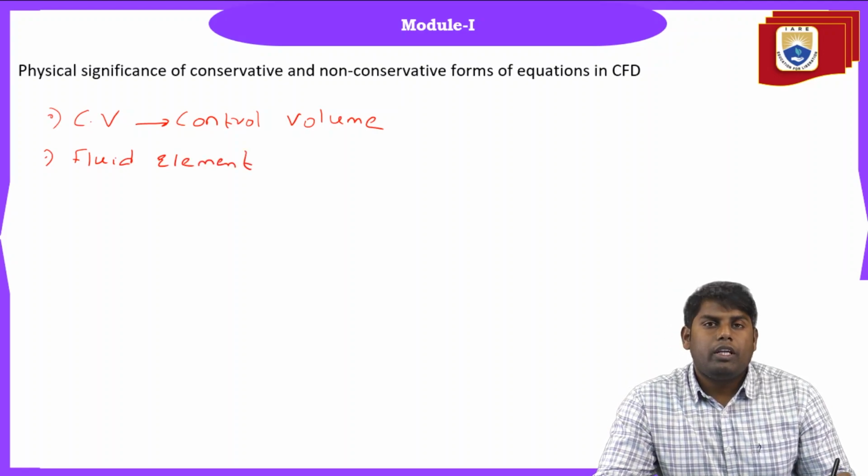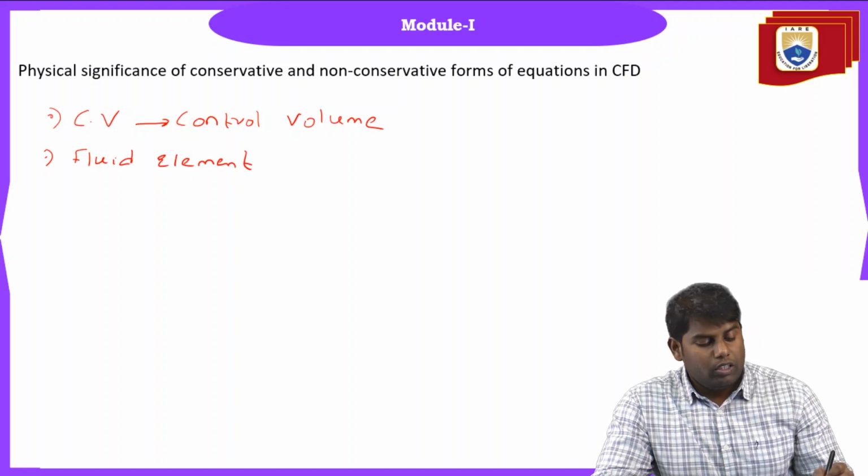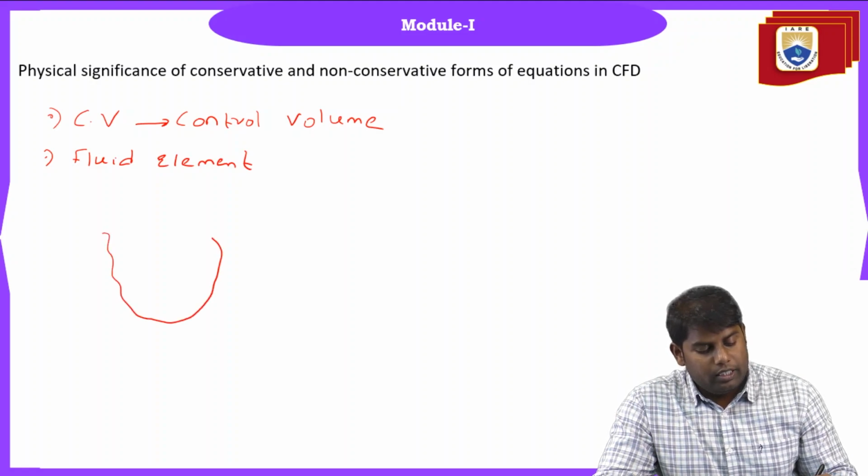Here, basically, control volume can be stationary or it can be movable. Fluid element can be stationary or movable. So let us take this as a control volume CV.